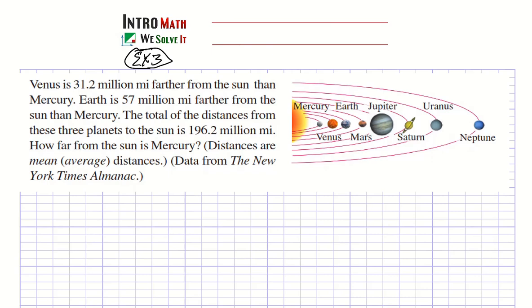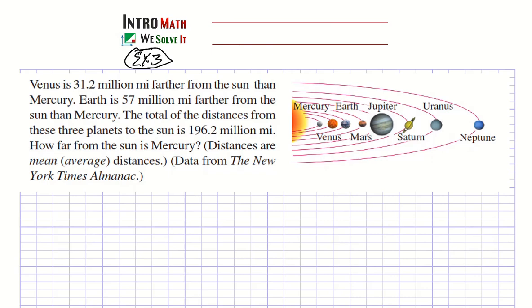Let's reread that problem again. I think the first sentence gives it away. The first sentence says Venus is 31.2 million miles farther from the sun than Mercury.